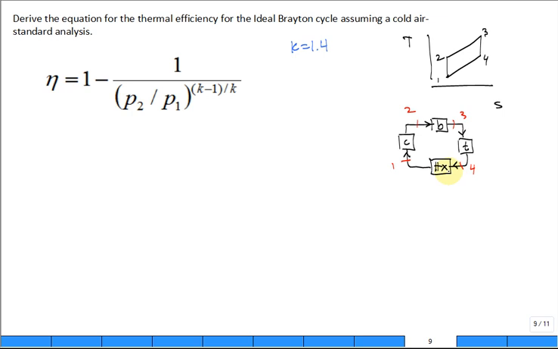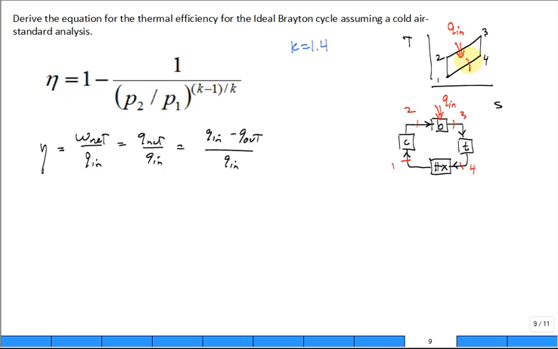All right. So the equation for the thermal efficiency, is that equal to the work net out divided by Q in? And is that equal to the Q net divided by Q in? Is that equal to Q in minus Q out divided by Q in, where I am treating 2 to 3 as Q in, that's Q in to the burner, and a positive Q out, right here.